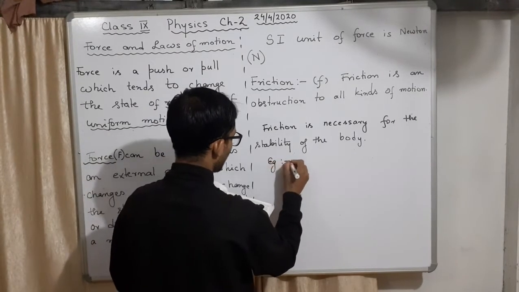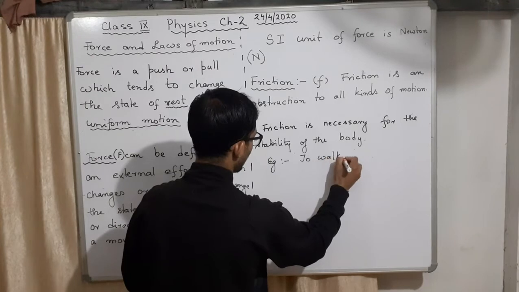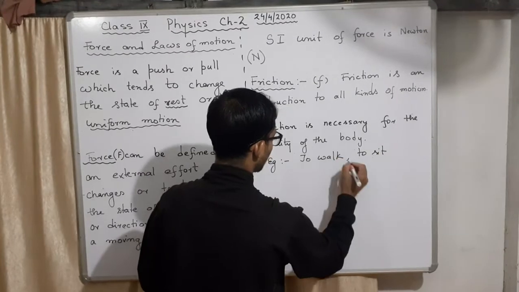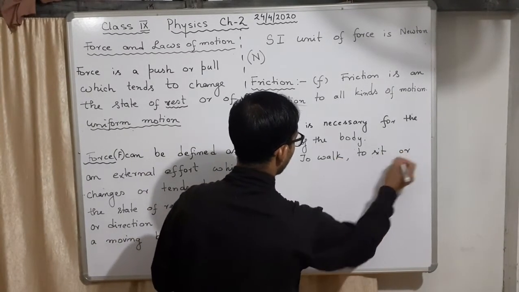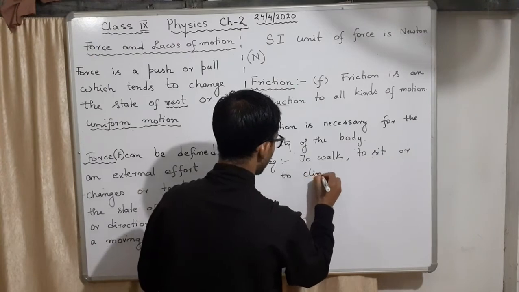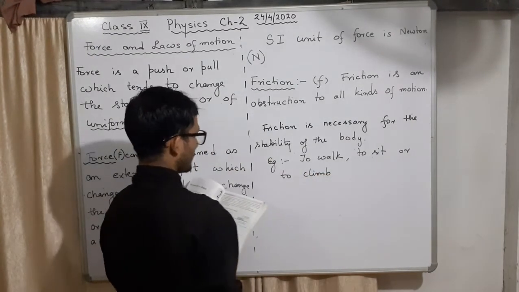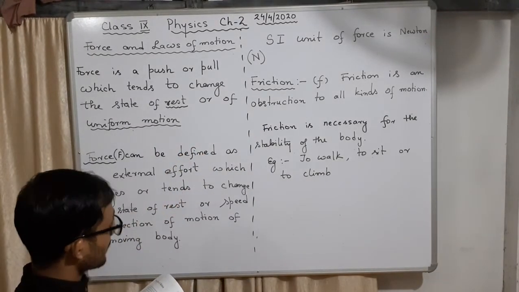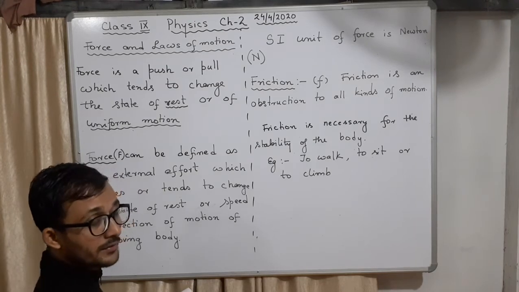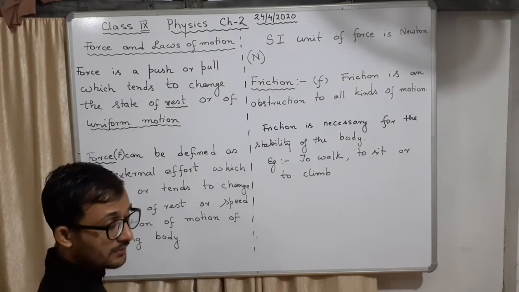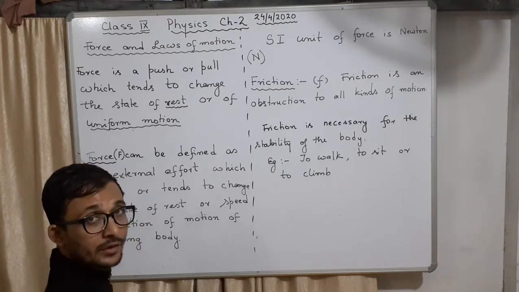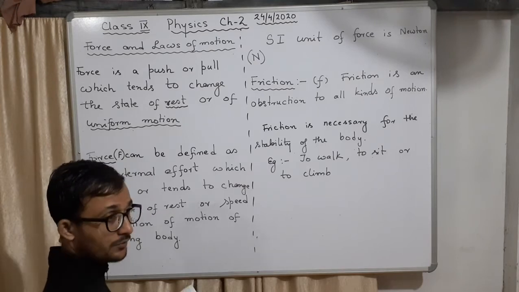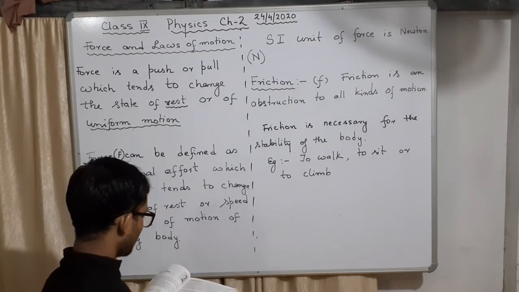For example, to walk, to sit, to climb, you need friction. No friction, you will not be able to do it. Otherwise, you will slip. Imagine a wall very, very smooth. You step on it, you will fall. On a very smooth surface, how will you sit? You will fall left or right somewhere.